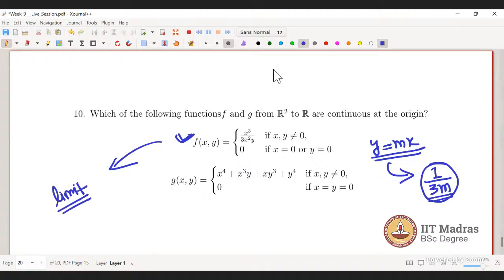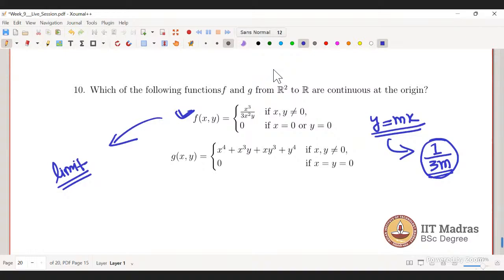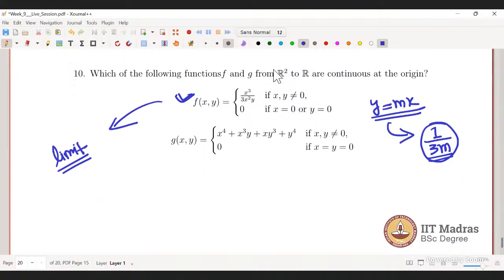Here we are substituting y equal to mx and then cancelling out the terms, right? And what about this one? It is continuous, because this is basically a sum of polynomials. Each polynomial is continuous at 0 and its limit exists.